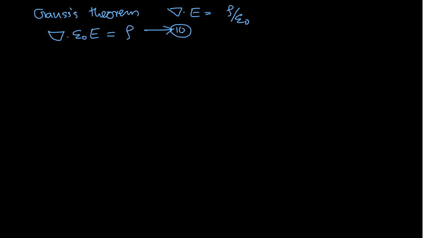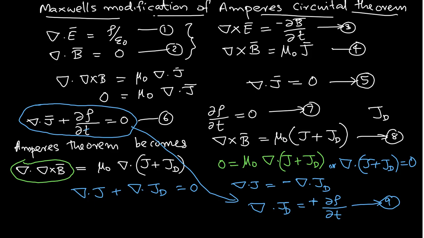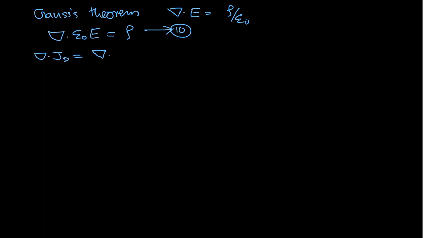On substituting, we get del dot JD equal to dou by dou t of rho.